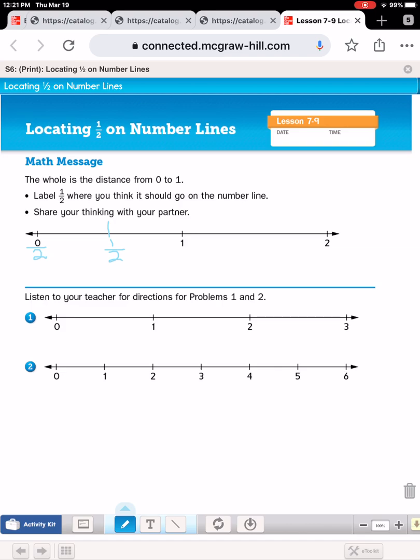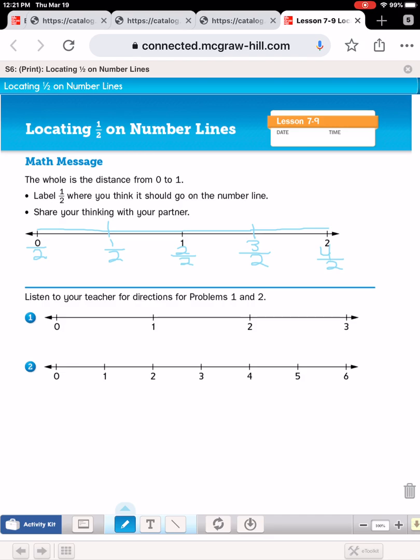We already labeled 1/2, 2 halves, 3 halves, and 4 halves. So if I wanted to see all of the halves on this number line starting at 0, I would say 1/2, 2 halves, 3 halves, 4 halves.